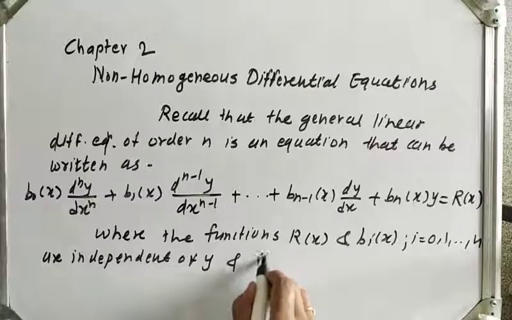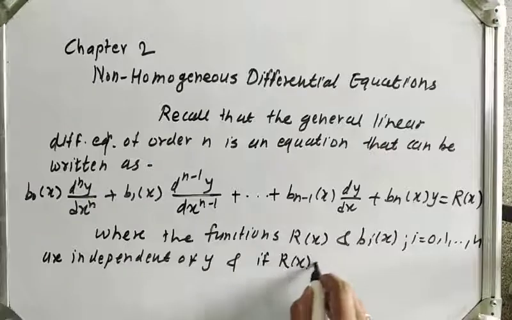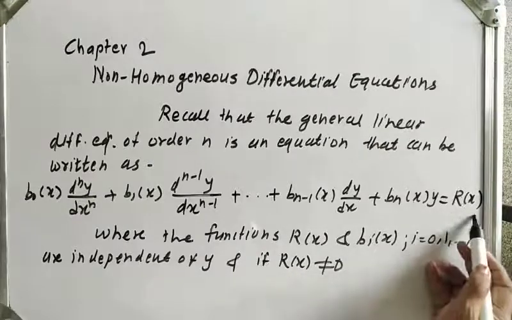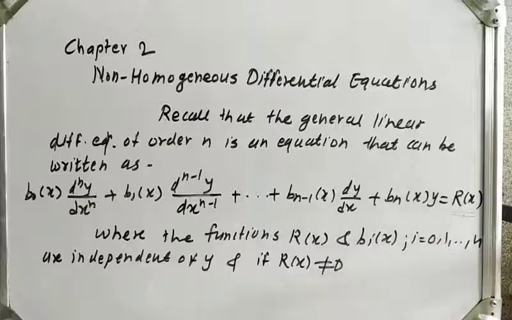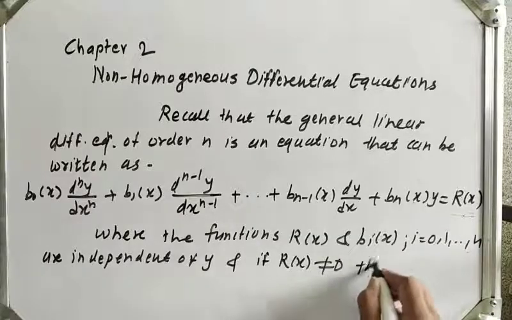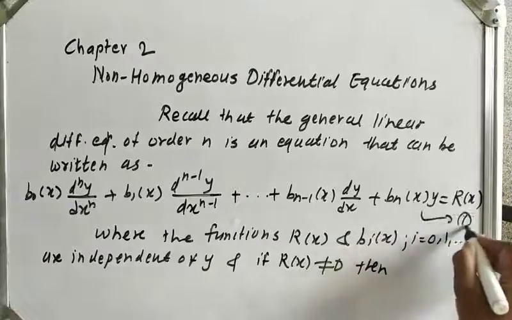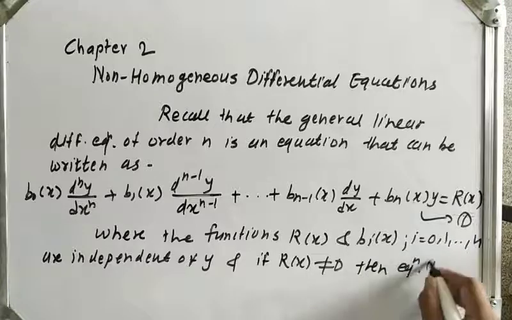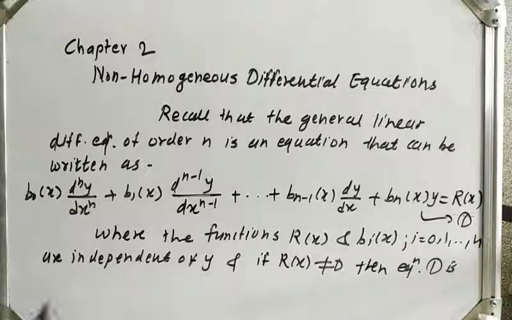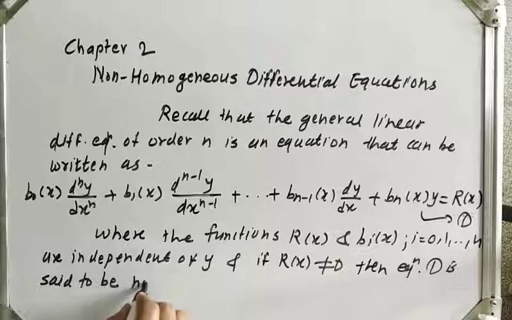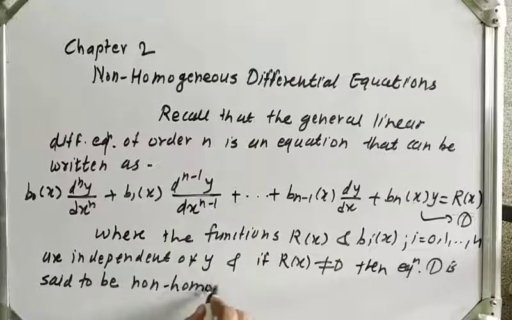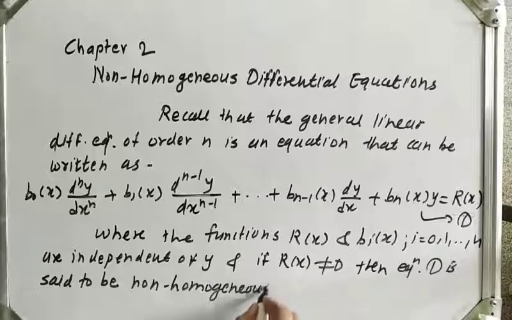And if r(x) is not equal to 0, let us say this is equation 1, then equation 1 is said to be a non-homogeneous differential equation. It is a non-homogeneous and linear differential equation.